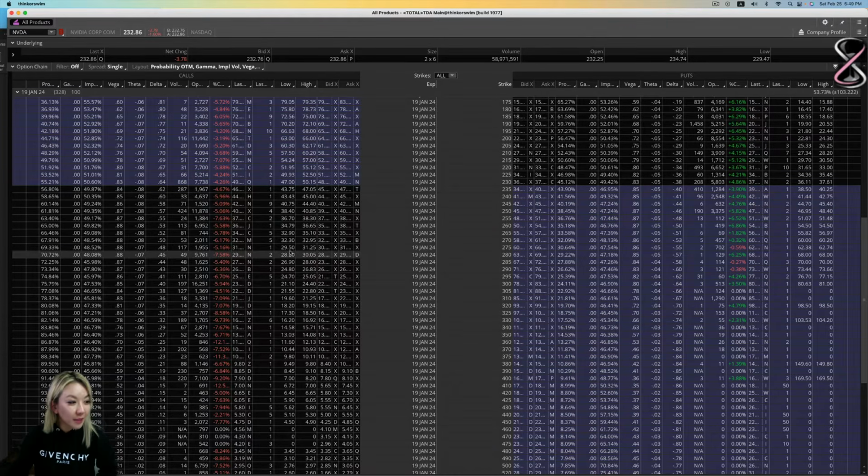So when I look at where the 50 delta is on the puts, that's actually an indicator of how much a stock is going to move, and it also gives you how strong a company is going to be into the future. So okay, 50 delta is way out here in the 260, but the price is only 232.